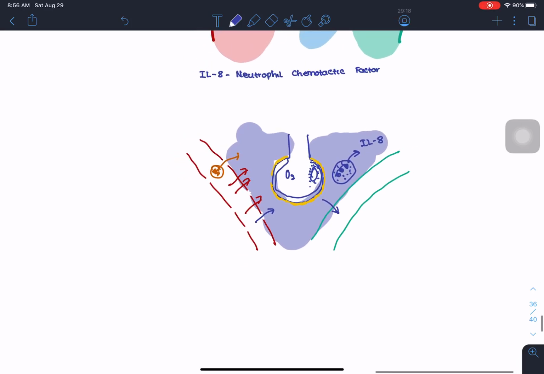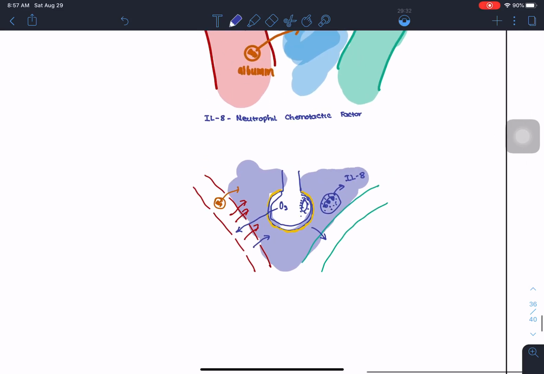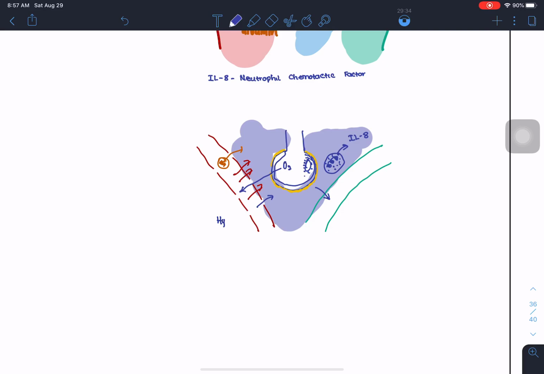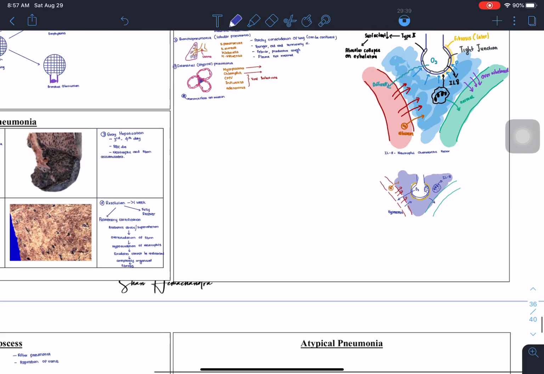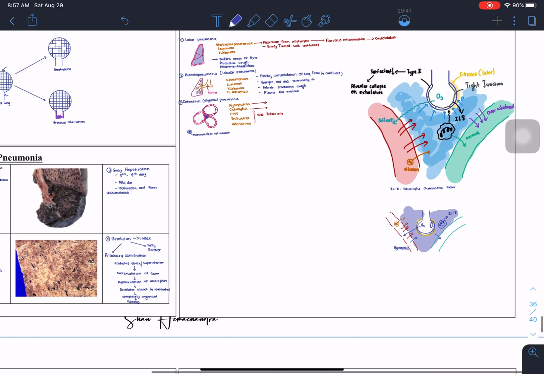Earlier, there was nothing blocking oxygen from entering blood. Now, it's difficult for oxygen to enter the blood. So, therefore, you get hypoxemia and other conditions related to low oxygen in blood.